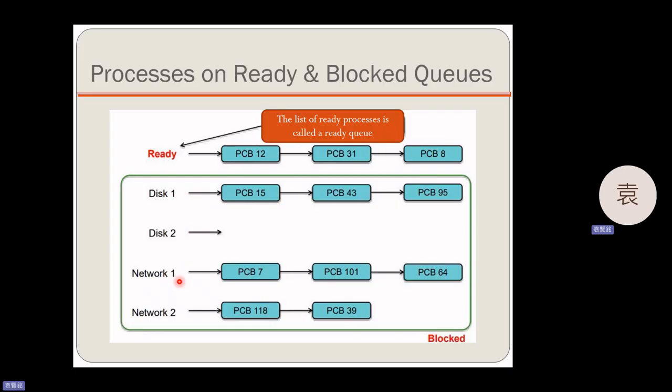Those processes waiting for network interface one will be linked together in the waiting queue for network interface one, and so on. So a process is either in the ready queue or in one of the blocked queues, and this PCB is the data structure representing a particular process.